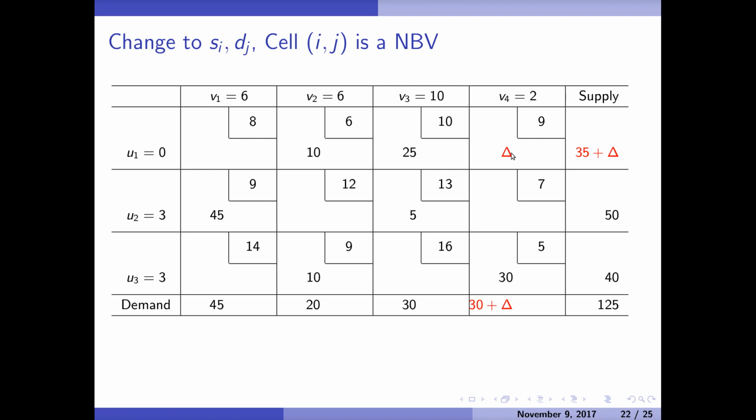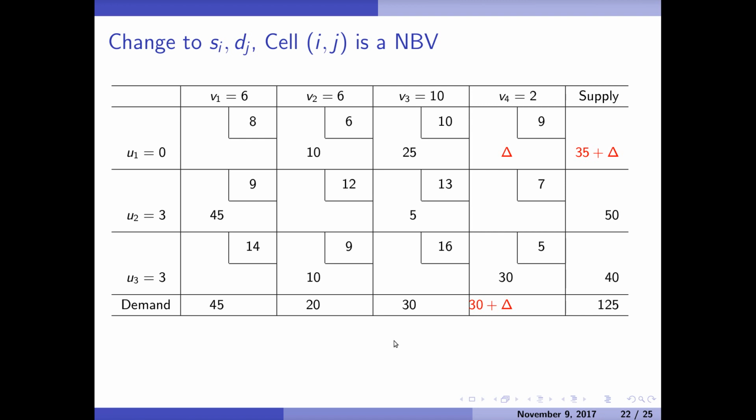I've just added delta to this cell, so what I have to do is subtract delta from this cell to make this 0 again, so this is not a basic variable. So I subtract delta, add delta, subtract delta, add delta.